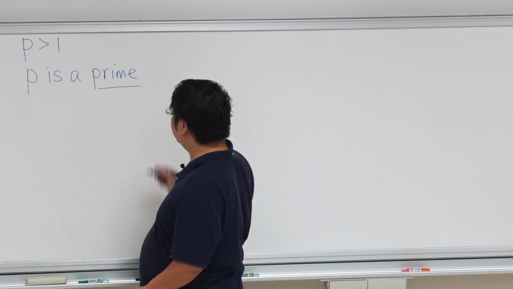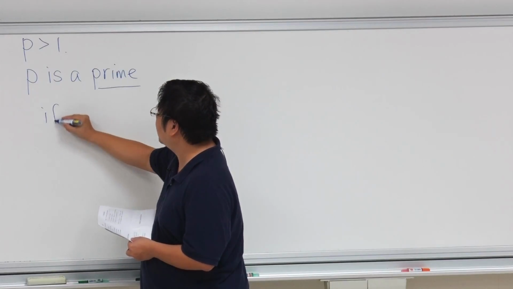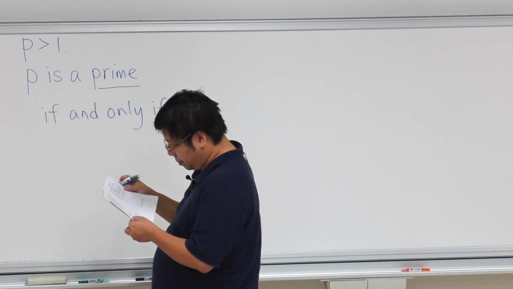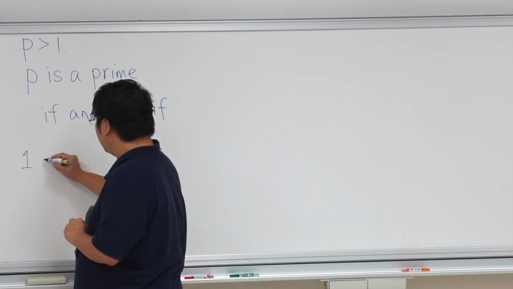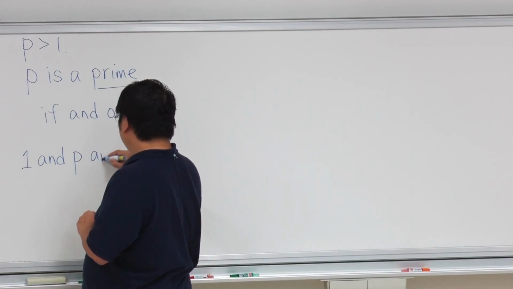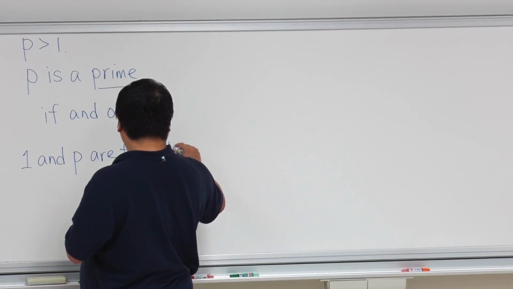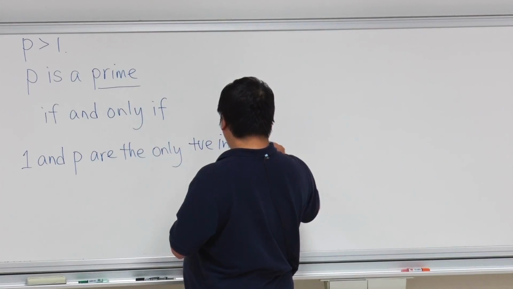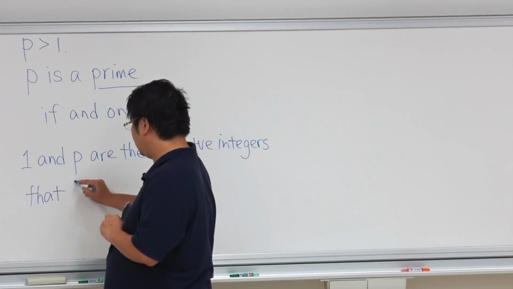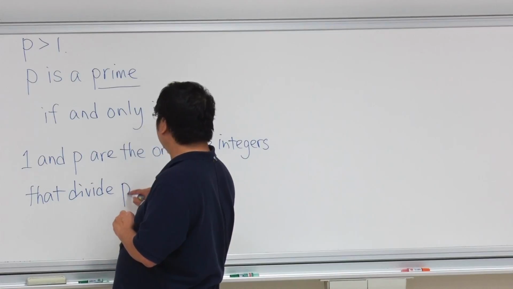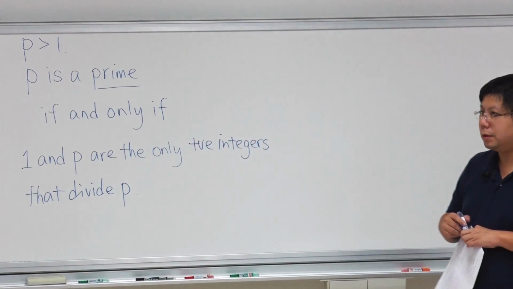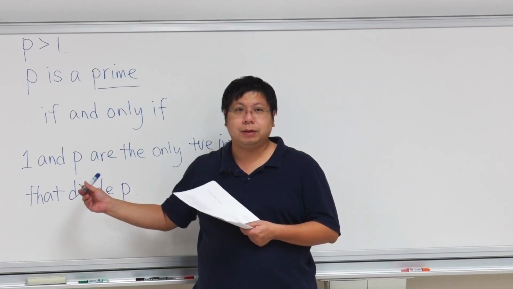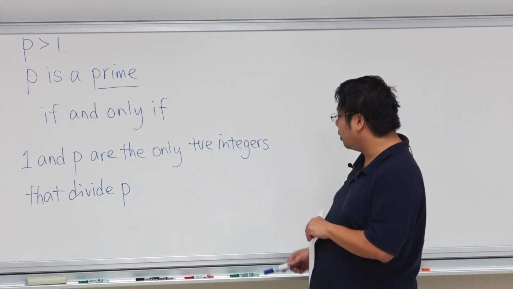We say P is a prime if and only if 1 and P are the only integers that divide P. So 1 and P are the only divisors of P. In that case, we will call P a prime.